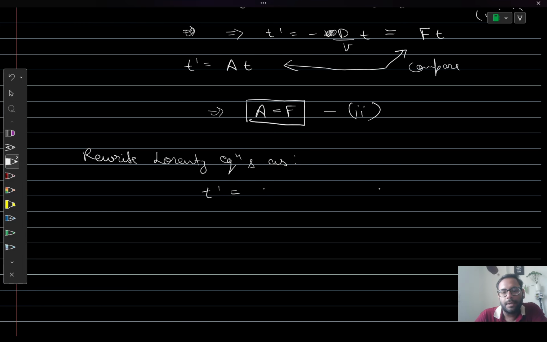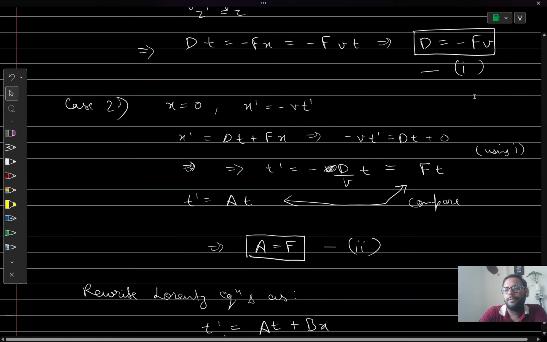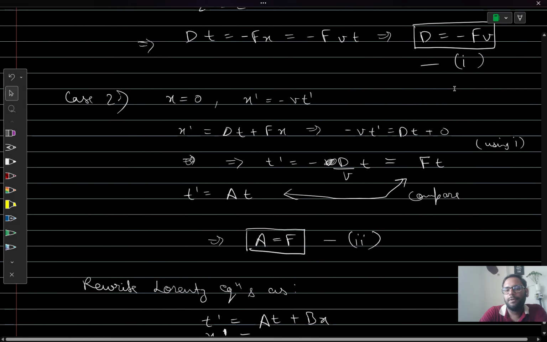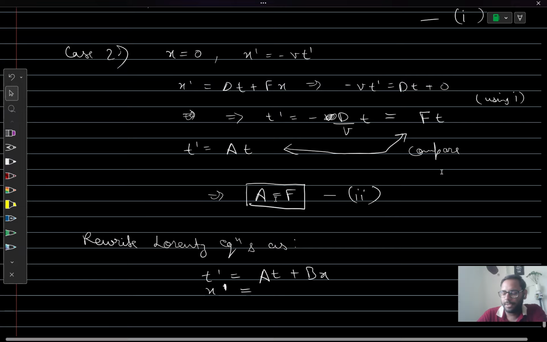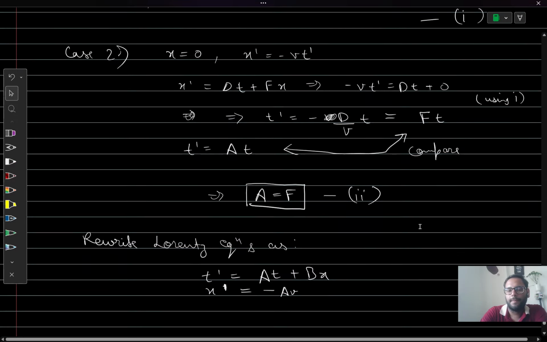Okay, so my equation will be a t plus bx, and x prime will be, here it was d, and we have replaced d with minus fv, and we know f is a, so we can write minus av using both equations.